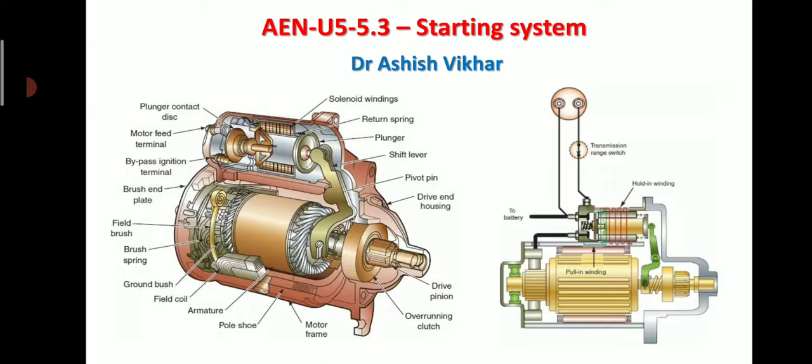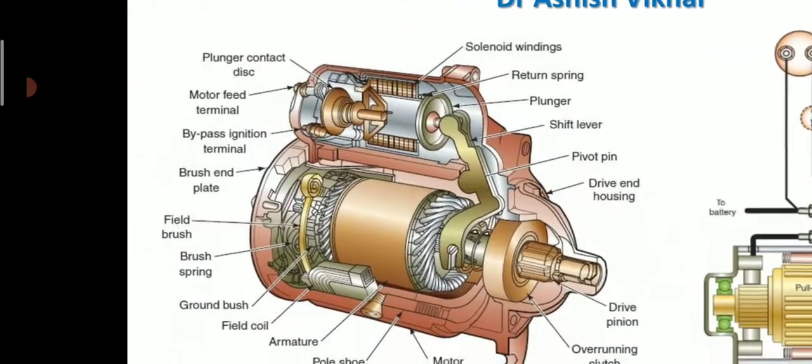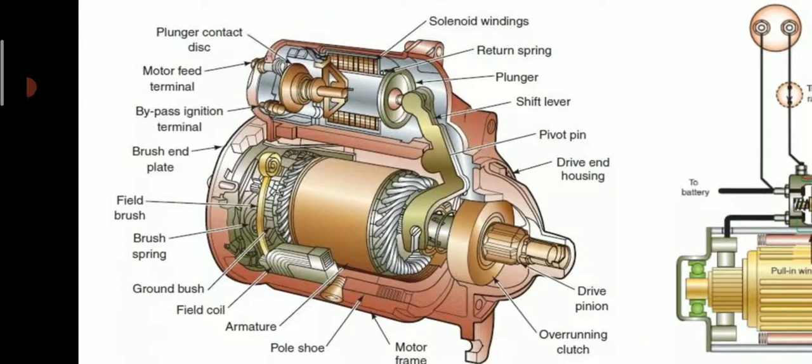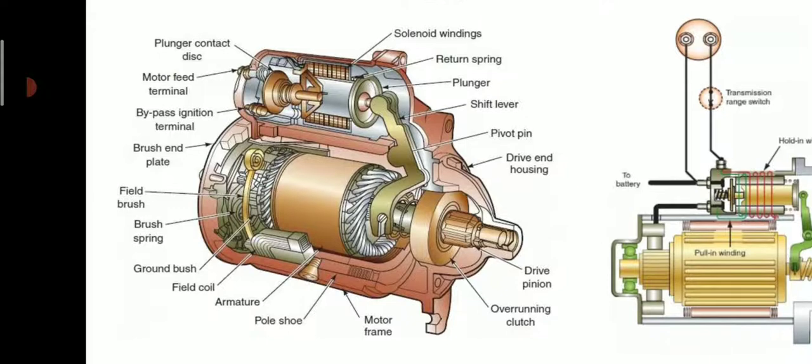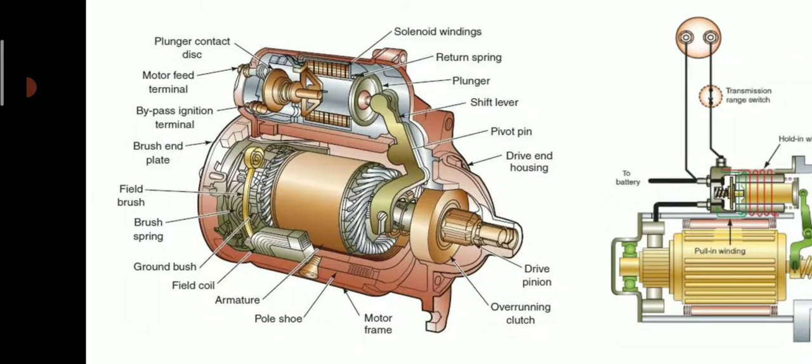A starter motor is used, as you can see in this picture, to start the engine inside a four wheeler. Particularly you will see the different parts of this starting motor. At the top you will see the solenoid, and below that the motor is installed.